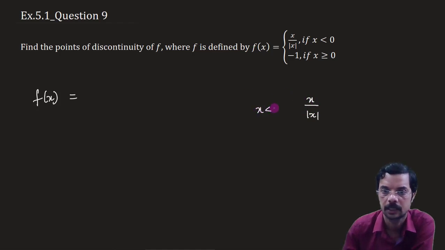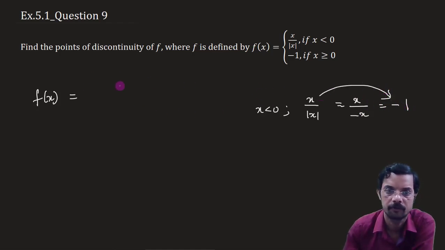When x is negative, x by modulus of x is equal to x by minus of x, right? When x is less than 0, mod x is equal to minus of x, so the x will get cancelled, giving minus 1. So f of x is equal to minus 1 when x is less than 0, and it is again minus 1 when x is greater than or equal to 0.